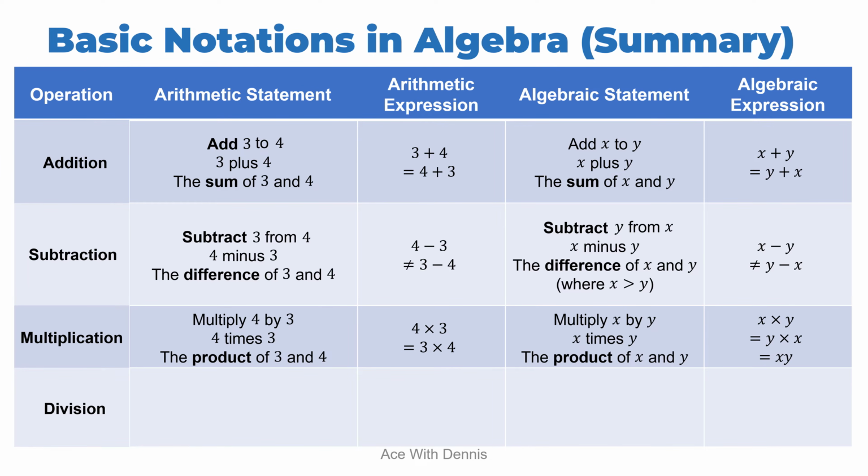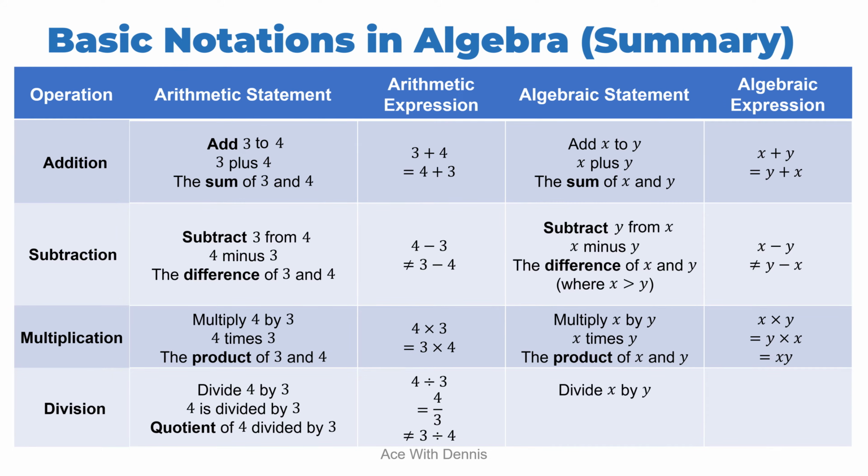In operation of division, arithmetic statement can be written as divide 4 by 3, or 4 is divided by 3, or quotient of 4 divided by 3. In arithmetic expression, it can be written as 4 divided by 3, or 4 over 3. However, it is not equal to 3 divided by 4.